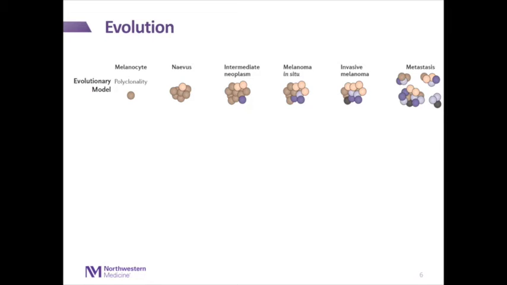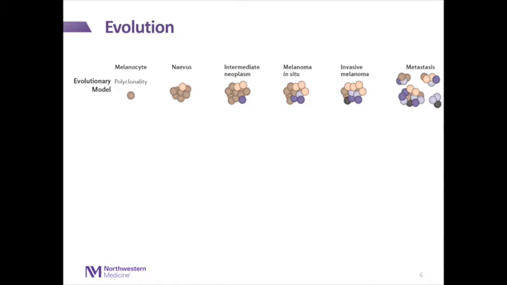As you accumulate mutations in the melanocyte, you get benign moles, these nevi. As they accumulate more mutations, they may become these things we call intermediate neoplasms or dysplastic nevi. And as they become even more atypical, they become melanomas, melanoma in situ. And as they advance from the skin, they become invasive melanomas, and eventually they spread to other parts of the body.